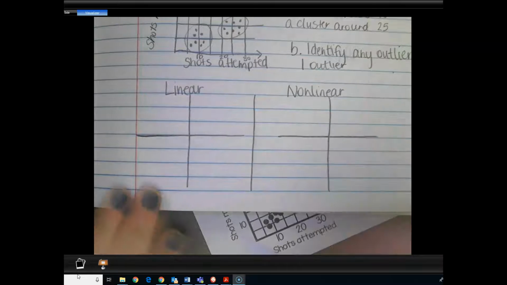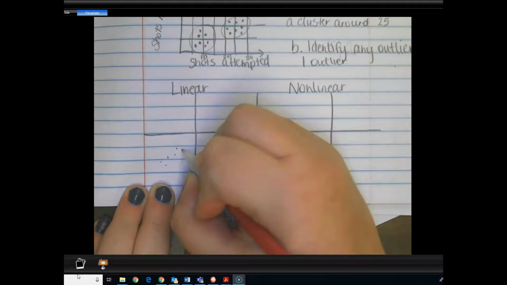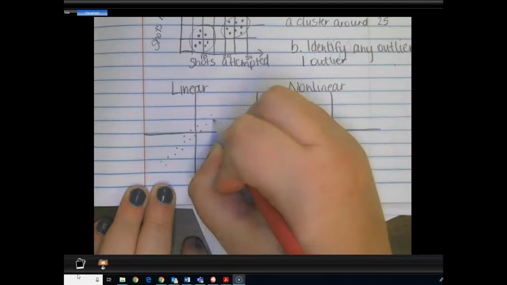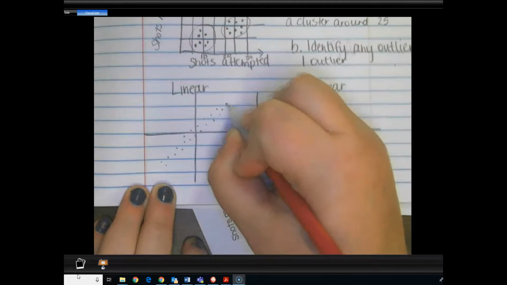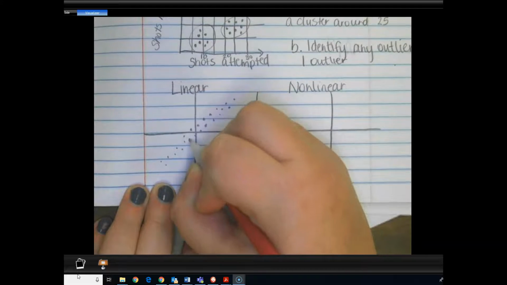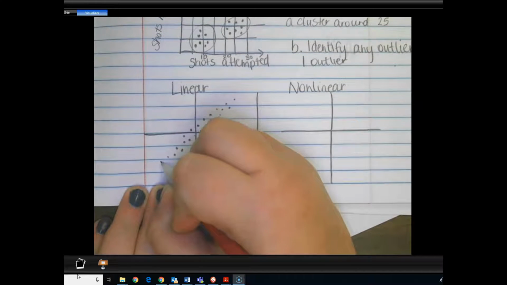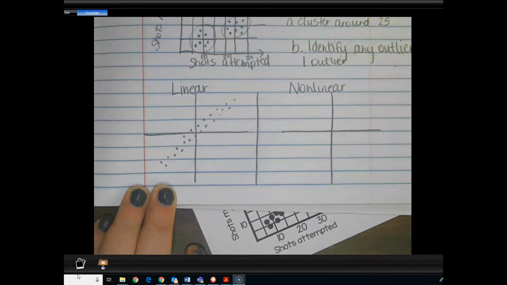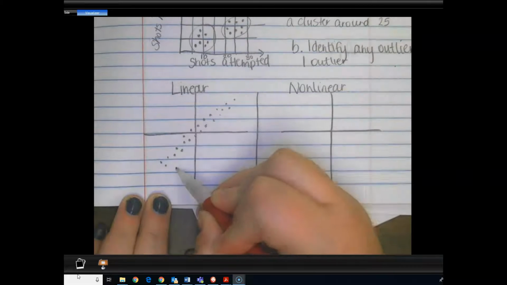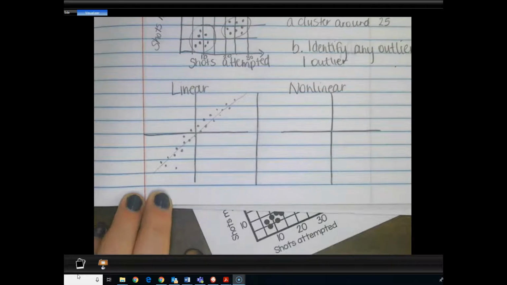Alright, so for the linear, we're going to draw dots where they are on a pathway that kind of looks like it's all maybe around a line or near a line. So there's my linear. And I can see that even if I put some more down here, this is kind of along a line.